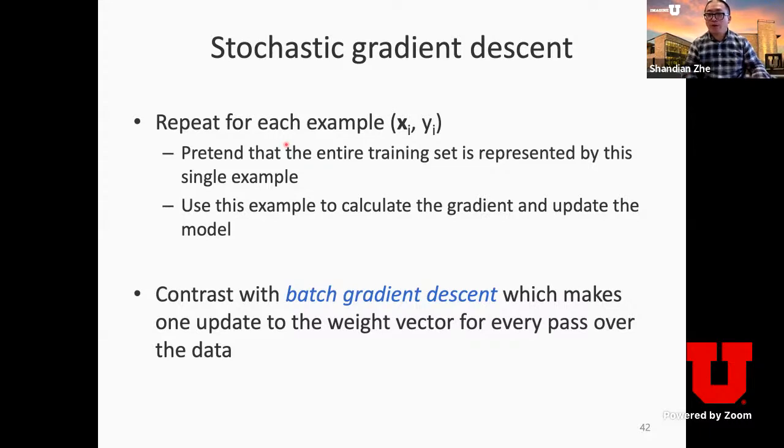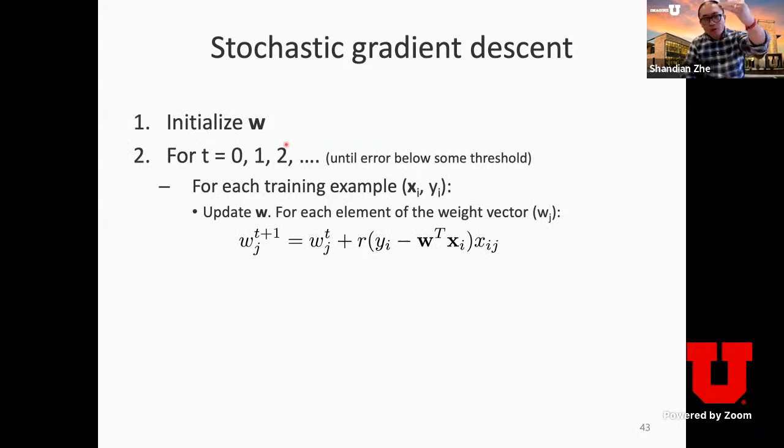Okay, seems a straightforward extension, right? So now let us look at the algorithm details of stochastic gradient descent. Hopefully everybody will be crystal clear about that because you're going to implement your own stochastic gradient descent for least mean square regression. Again, we initialize the weight vector and then go through many iterations. Inside each iteration, we loop through each training example xi, yi.